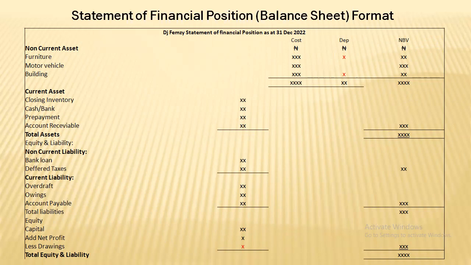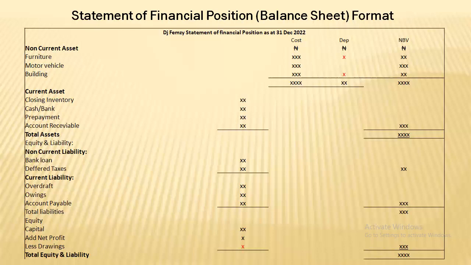You can see the statement of financial position is showing us as at a particular date. But if we go and look at the statement of comprehensive income, that one will be the statement of income for the year end. So while this is a statement as at 31st December.